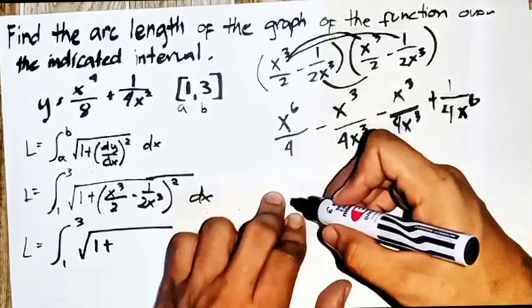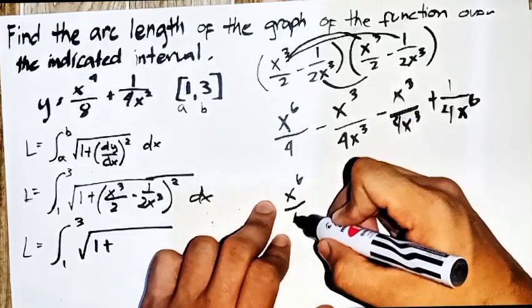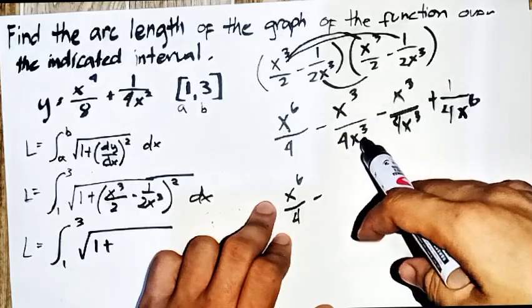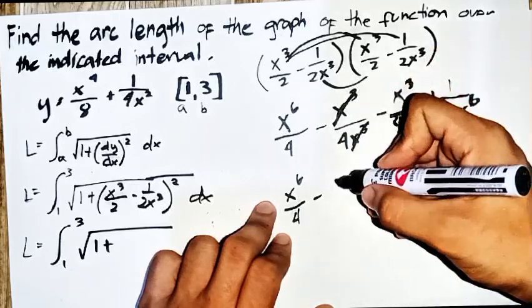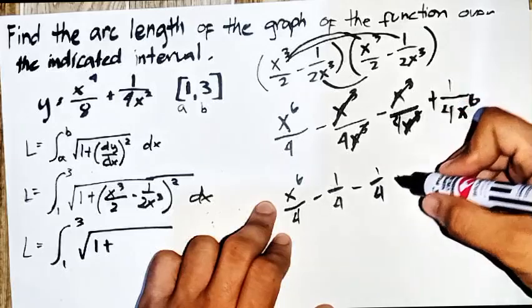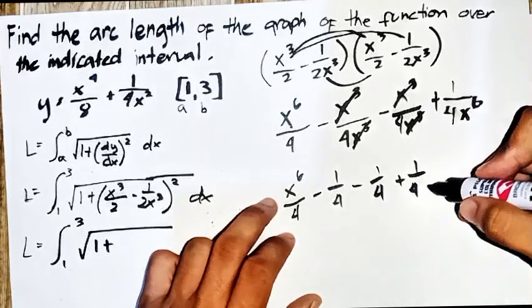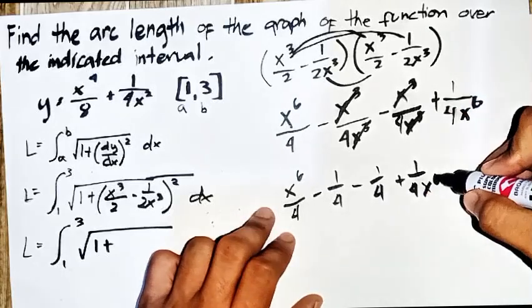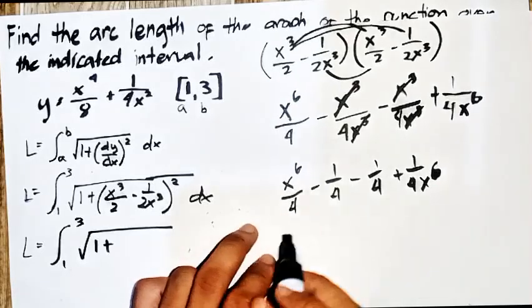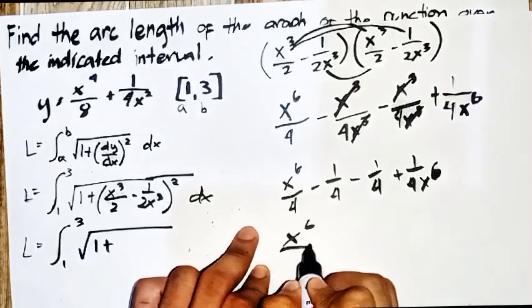Now let's simplify. x to the power of 6 over 4. We have here x cubed over 4x cubed, right? So it cancels, so it is negative 1/4, minus the same here, 1/4, plus 1 over 4x to the power of 6. Next, x to the 6 over 4.